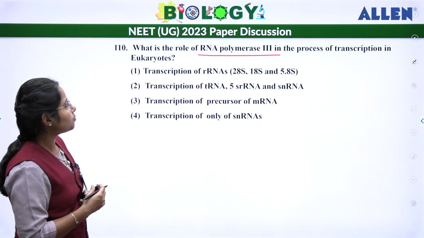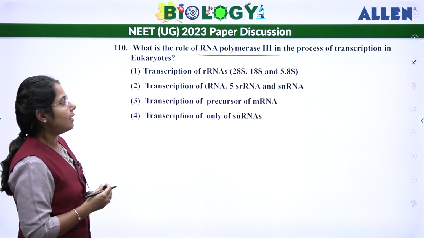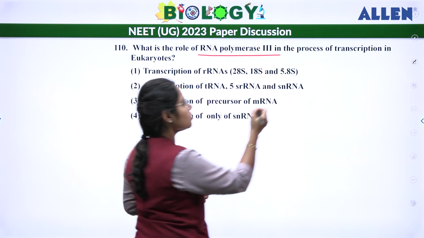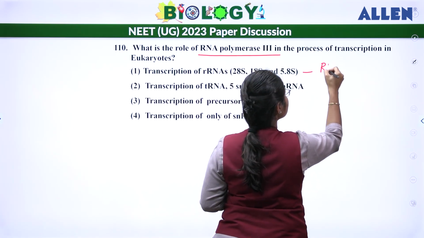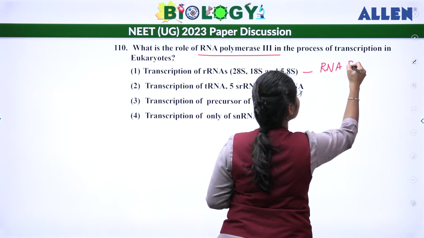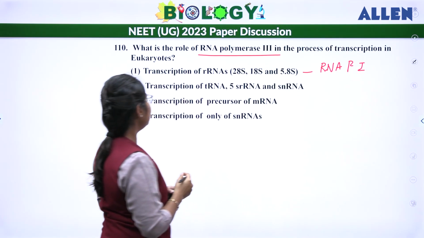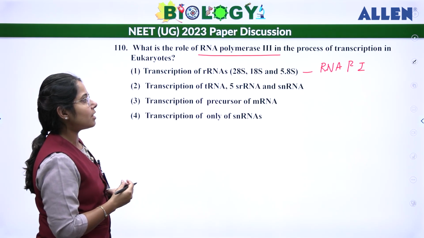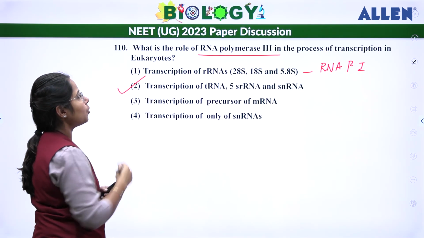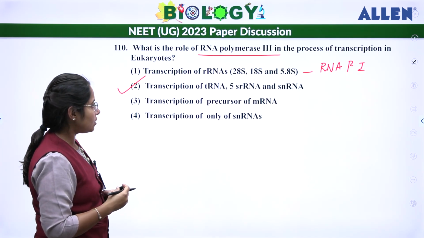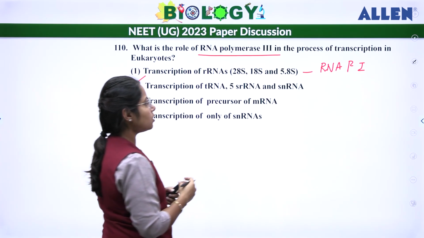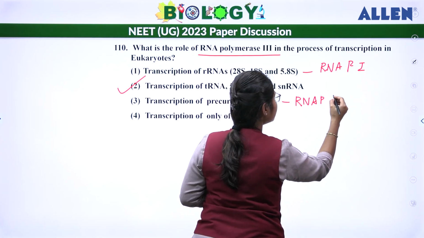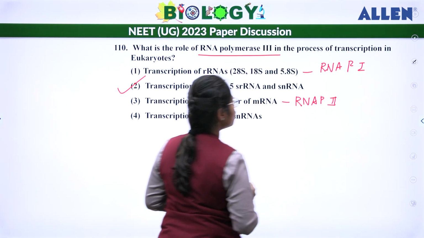So first, transcription of rRNA, that is 28S, 18S and 5.8S, is done with the help of RNA polymerase 1. Second, transcription of tRNA, 5S RNA as well as snRNA is done with RNA polymerase 3. Transcription of the precursor of mRNA is done by RNA polymerase 2.